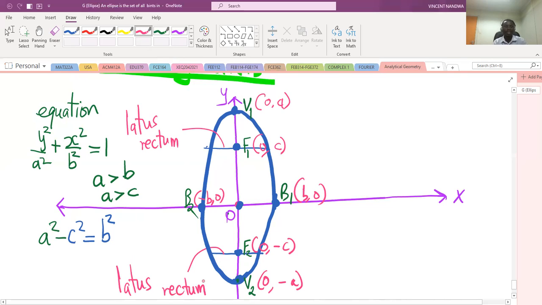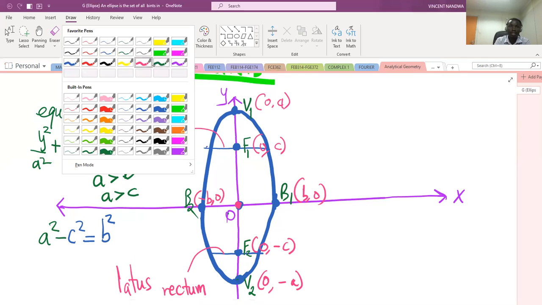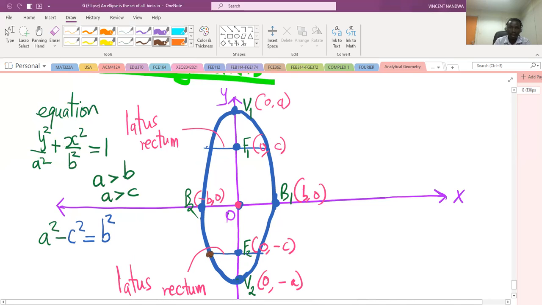We can be interested in knowing their length and also their end coordinates. So let's specify these ends and label them as M1, M2, N1, N2.